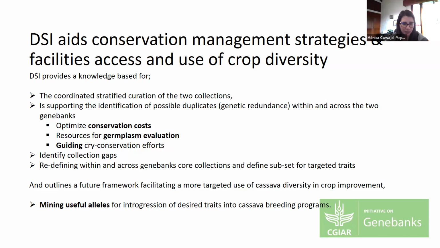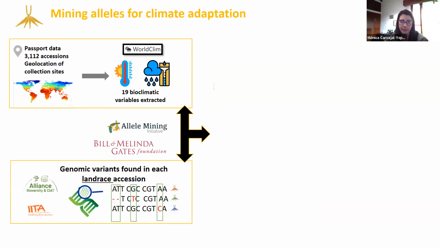Carolina also gave an example of how we can make more use of the DSI that we are generating and support crop improvement. We are also participating in this multi-center project, which is led by CIMMYT and funded by the Bill and Melinda Gates Foundation.